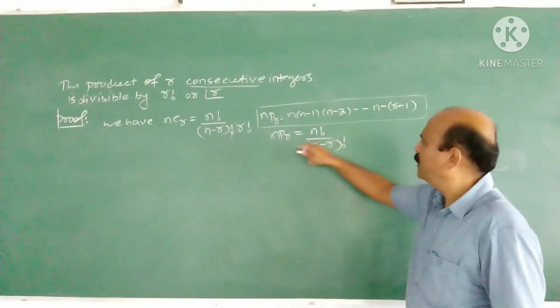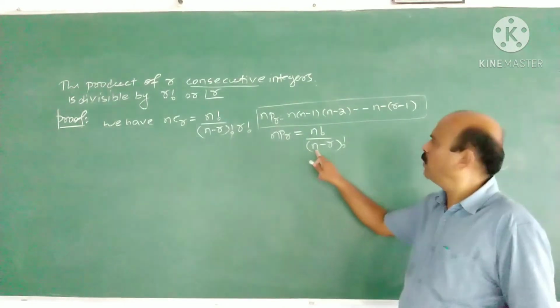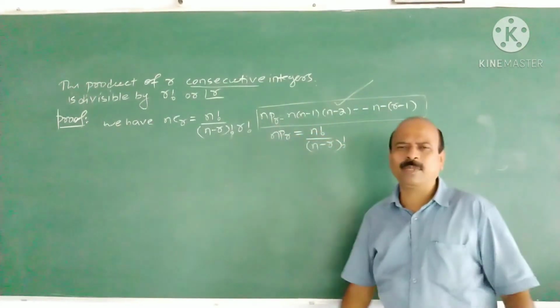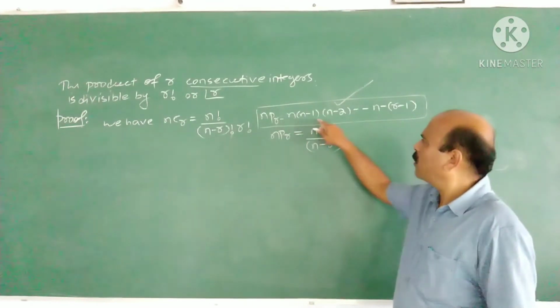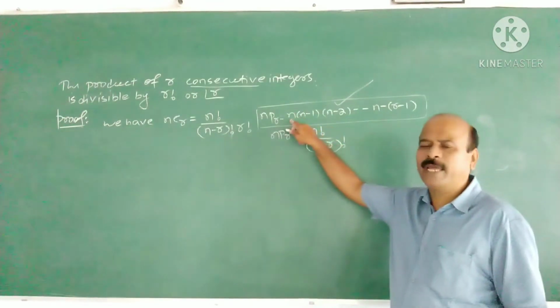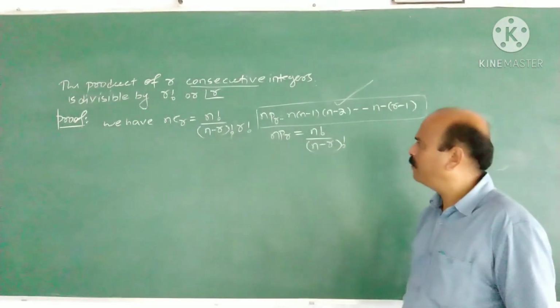But the important thing is, what is nPr? Product of r consecutive integers starting from n.